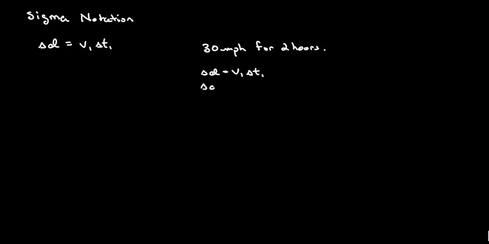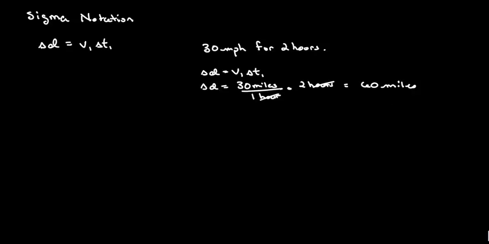So the change in your distance is equal to your velocity, 30 miles per 1 hour, times the amount of time that you traveled at that velocity, so 2 hours. So your hours cancel out, and you're left with 30 times 2, which is 60 over 1, and miles is your only unit left. So we traveled 60 miles, and that makes sense. If you go for 2 hours at 30 miles per hour, then of course you're traveling 60 miles.